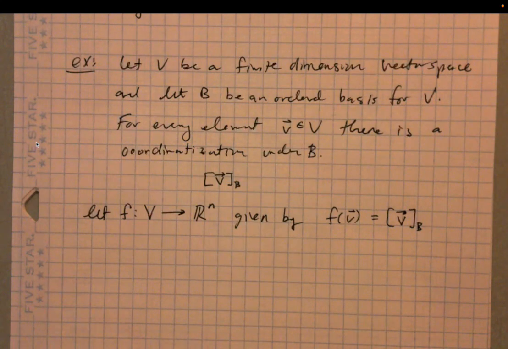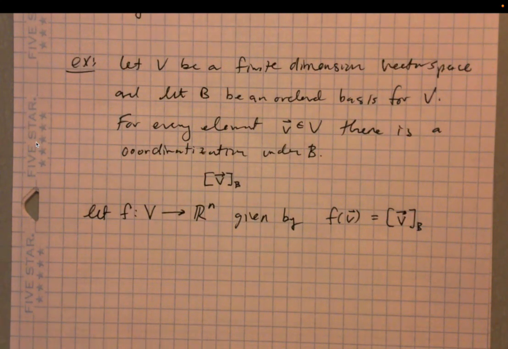Now we know that this is unique. Every vector has a unique coordinatization under B, right? That's because B is a basis, therefore everything in B is linearly independent. So the linear combination for each vector V is going to be unique with a basis. And then the fact that we ordered it makes it truly unique. Okay, so this is definitely a function.